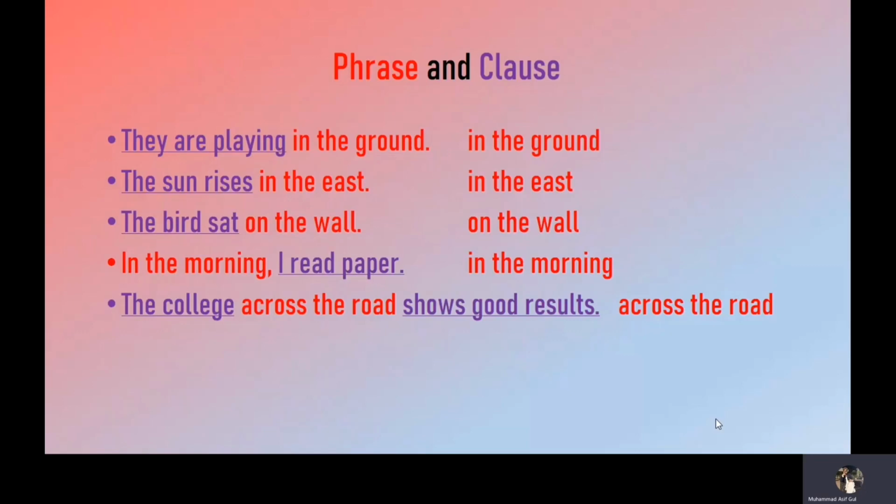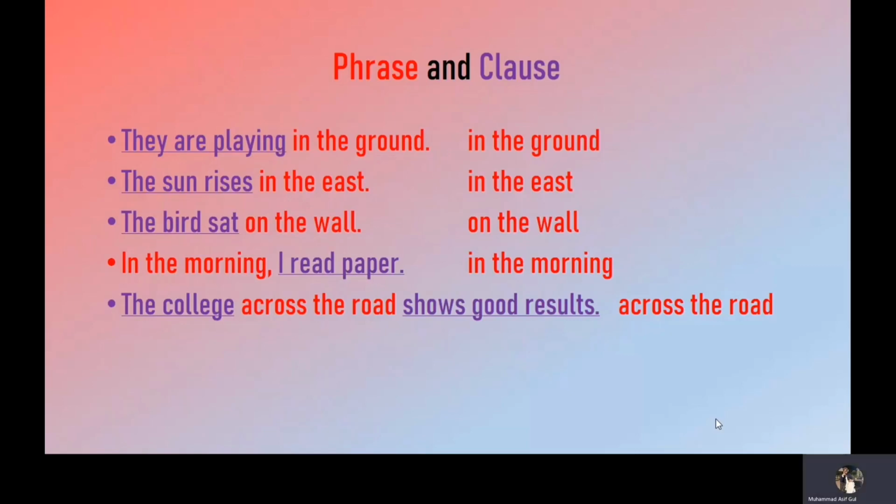But on the other hand, if we say they are playing and we place a full stop after playing, or after rises, the sun rises, the bird sat, or I read paper, these groups of words convey full sense.